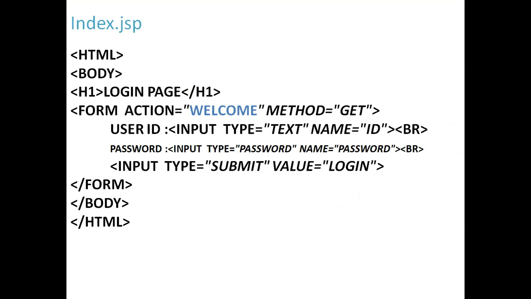Suppose you can see here in this program we have given a simple form where we are giving two values, user ID and password. The first text box is user ID, and its name is ID, and the second text box is password, and its name is password.